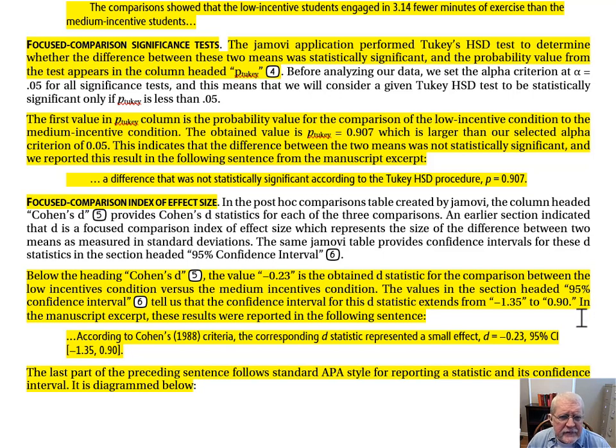In the manuscript, these results were reported in the following sentence. According to Cohen's criteria, the corresponding D statistic represented a small effect. The D statistic was negative 0.23, 95% confidence interval extended from negative 1.35 to positive 0.90.